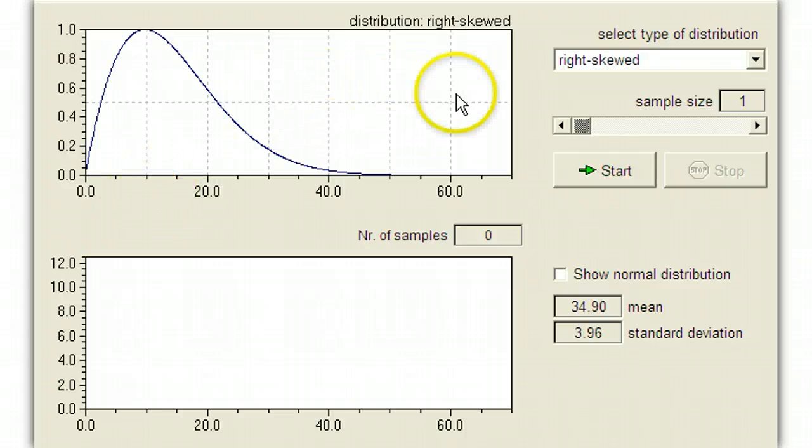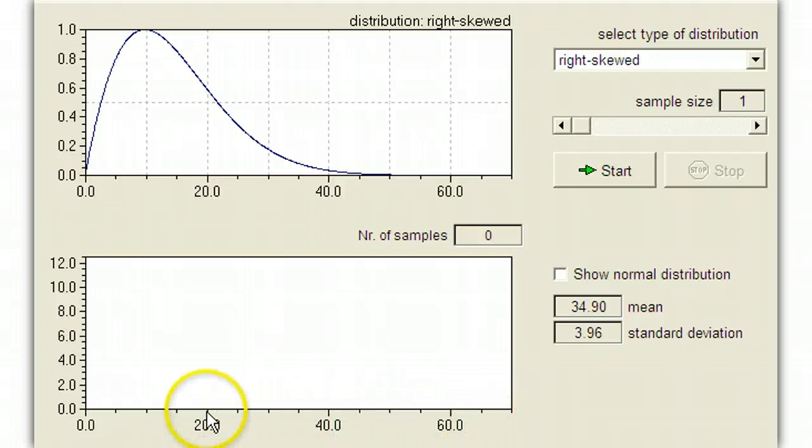And what the central limit theorem says is if you take samples from this distribution, so we randomly sample values from this distribution, and we find the averages of those samples, and we plot those averages down here in a histogram.